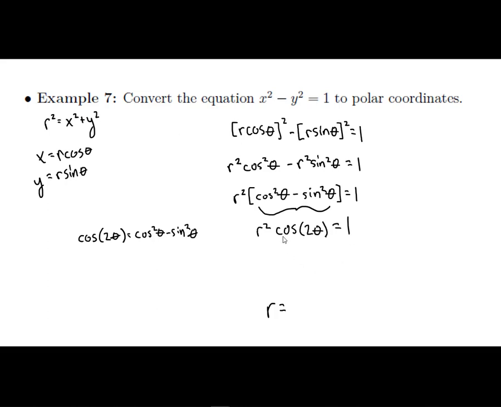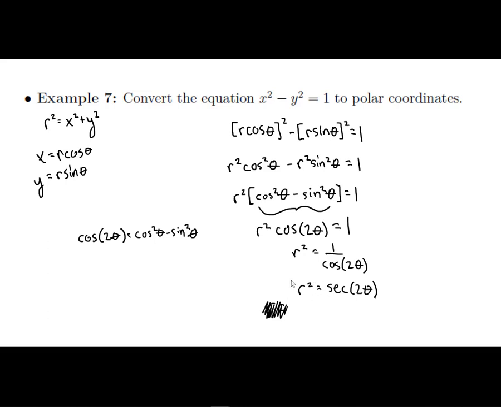All right, so again, with this idea that it'd be nice to get the r kind of by itself, I could say, all right, r squared is equal to 1 over the cosine of 2 theta. And then that would have to mean that r squared is equal to, well, 1 over the cosine is the secant of 2 theta. Okay.